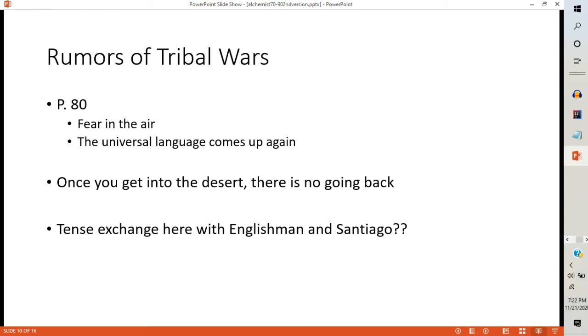I interpret this as a tense exchange. Like they're both trying to make each other do what they are currently not. The Englishman wants Santiago to read his books. Santiago wants the Englishman to appreciate the caravan in the desert. So there's almost like this butting of heads of like, what's kind of the right thing to do here while you pass this time traveling across the desert.